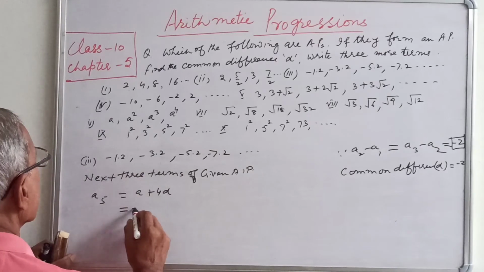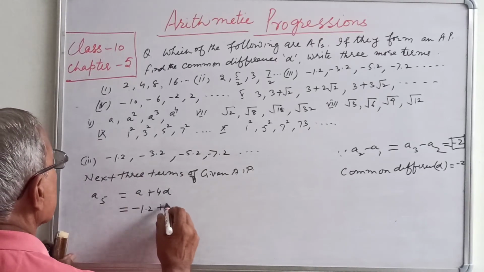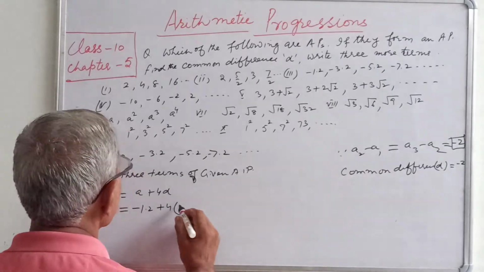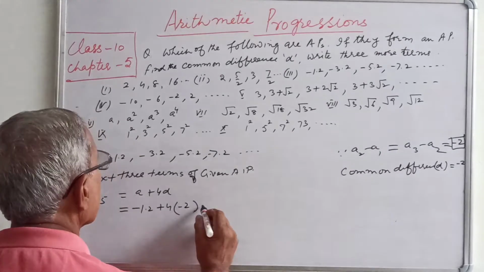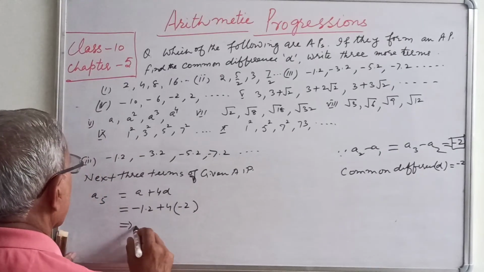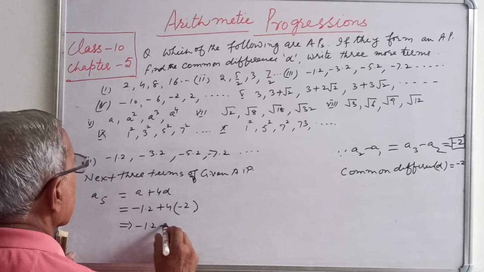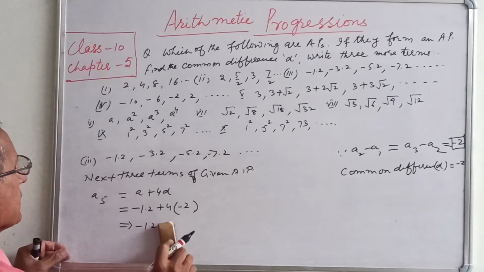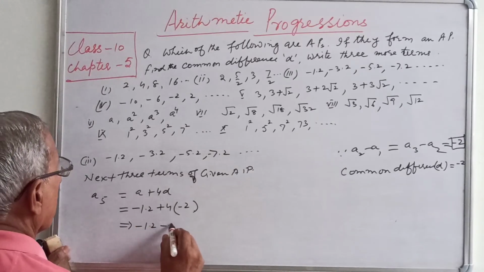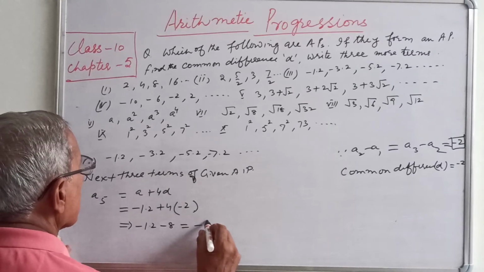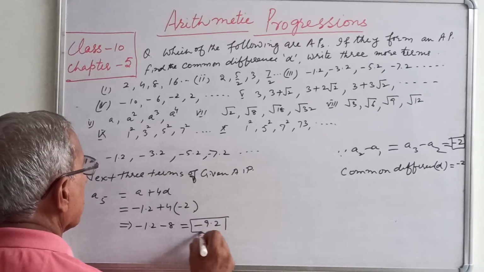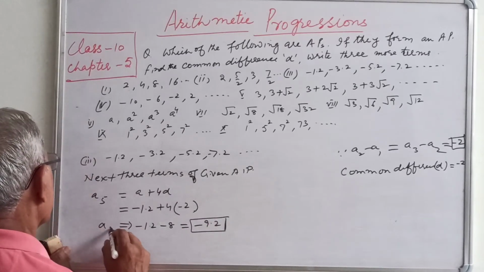A is minus 1.2, 4 times D, D is minus 2, so minus 1.2 minus 8, 7 goes, minus 9.2. This is A5.